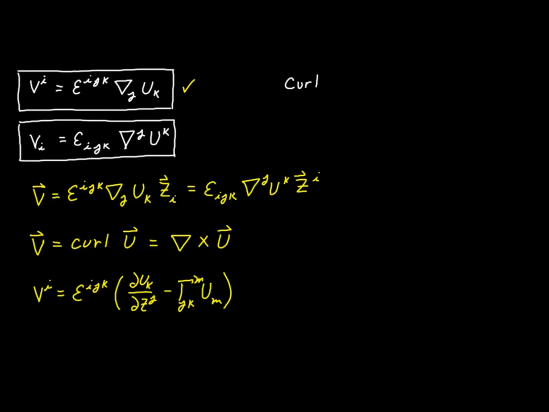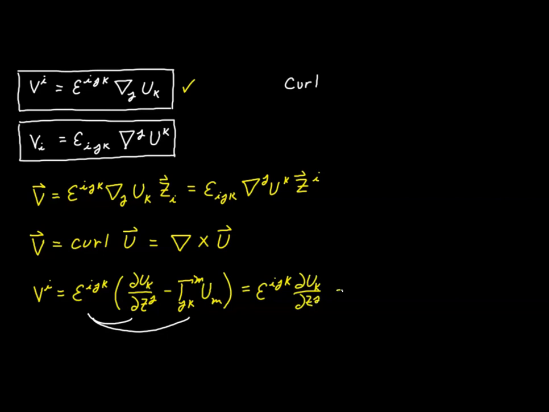All right, now let's distribute the Levi-Civita symbol into each of these two terms. So we're going to get epsilon ijk times the partial derivative of uk with respect to zj.